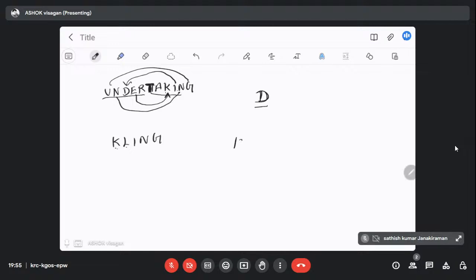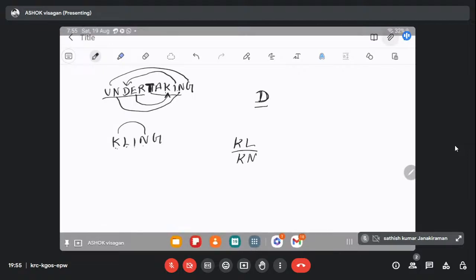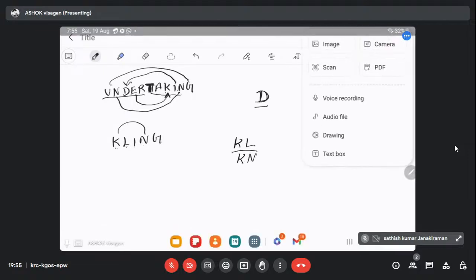So K and L is one pair which has the same gap as in the alphabet series. Next, K, L, M, N: K and N also have the same kind of space as in the alphabet.